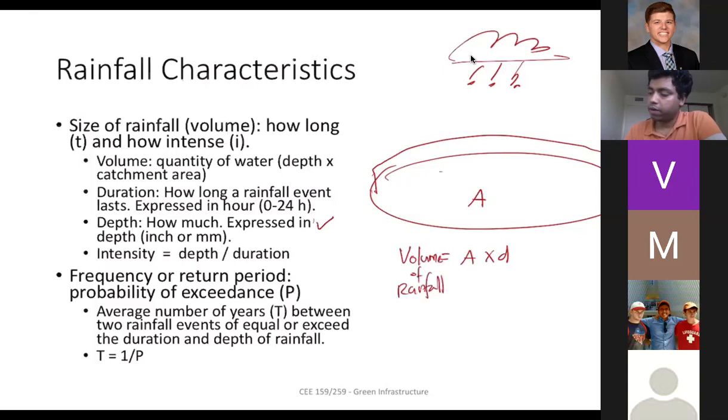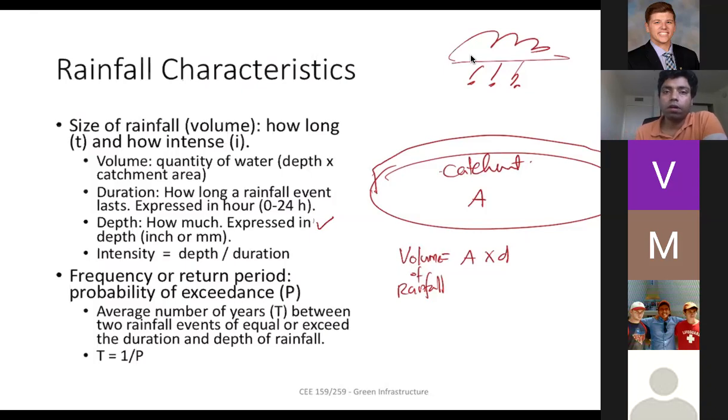And this is the catchment area, that's the location. The assumption here is that the entire area receives the exact same amount of rainfall, which is not correct, but that's the assumption you have to make for this kind of model. There are other models that account for different heterogeneity. We'll get to that, but this is the concept. Depth and volume are very similar; the only difference is you divide by area.